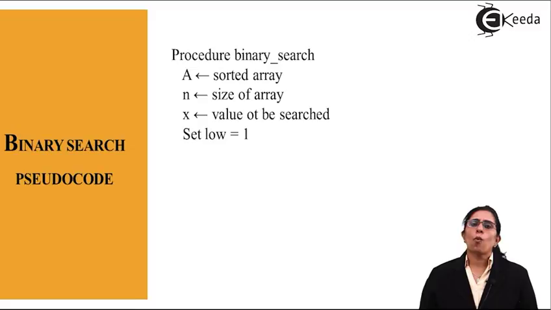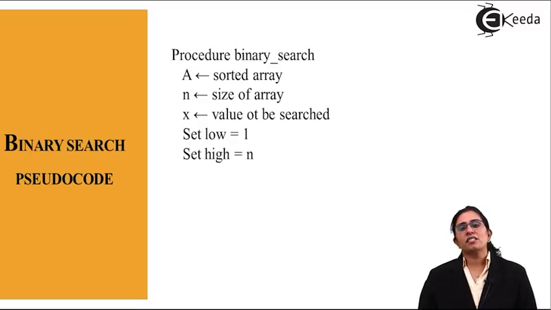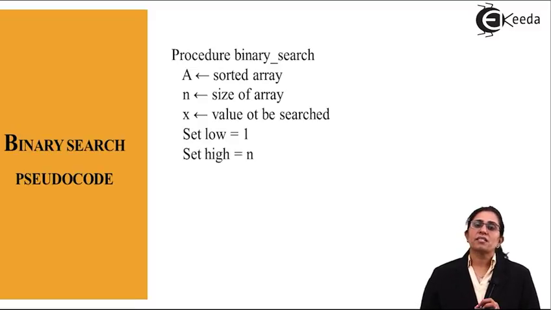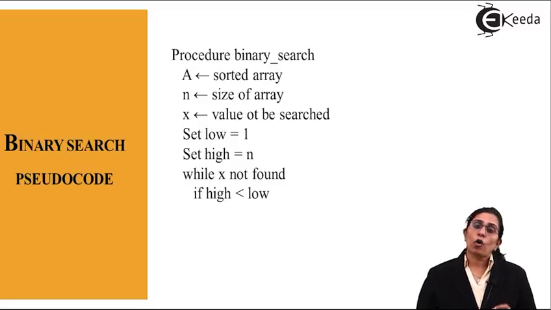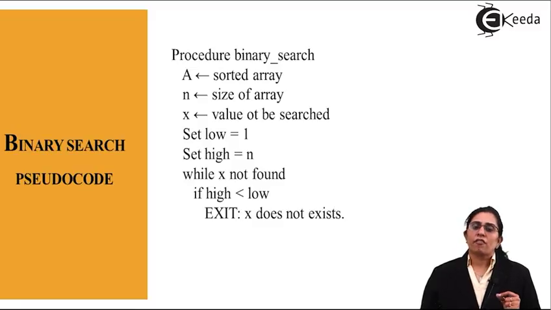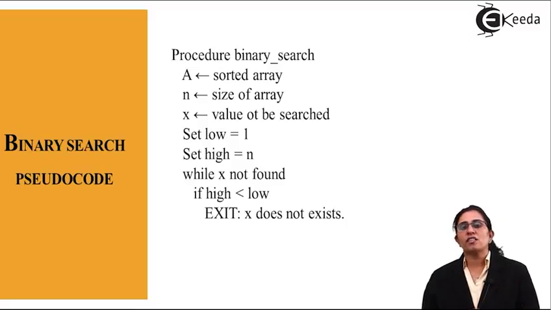We set the low value to be 1, that is the beginning of my array is set to 1, and set high equal to N. N is the last element of my array. And then while X is not found, we enter the loop till I have found the value of X, and if high is less than low, that is, if N is less than 1, if 5 is less than 1?